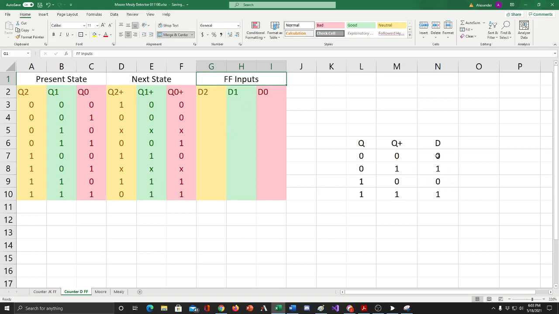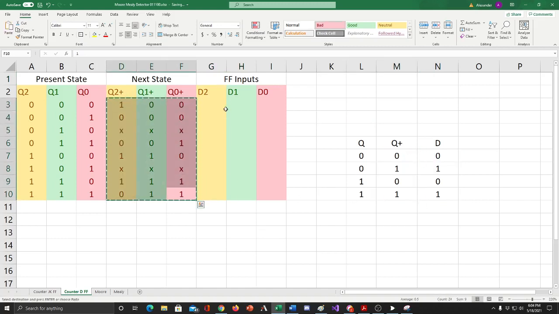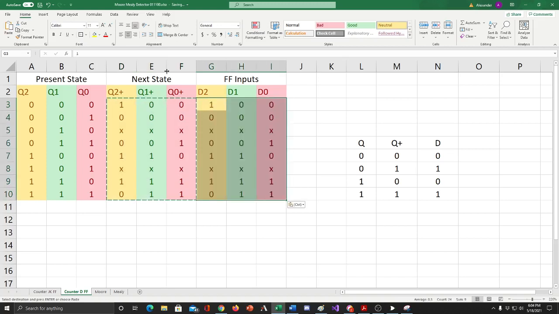The excitation table for the D flip-flop is very straightforward because the way the D flip-flop works, the new value of Q is always the D value that you plug in. Since the D value is the same as Q plus, you can get away with simply copying and pasting this over.